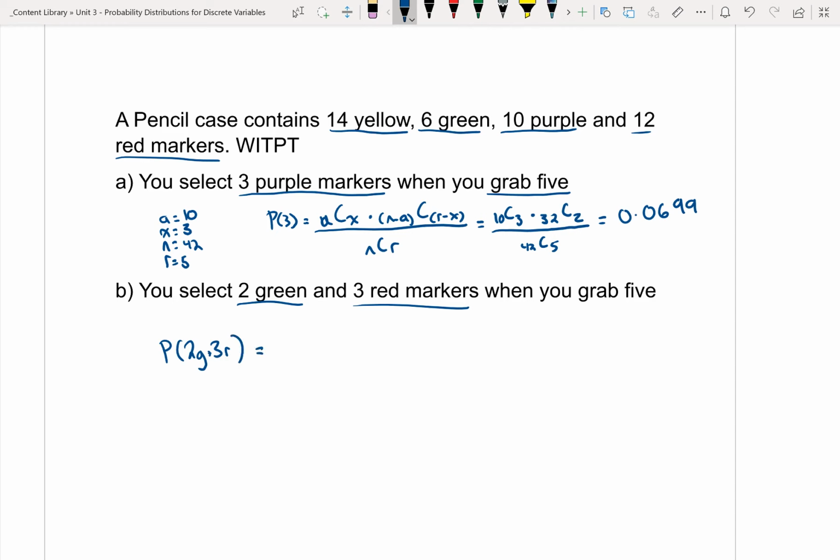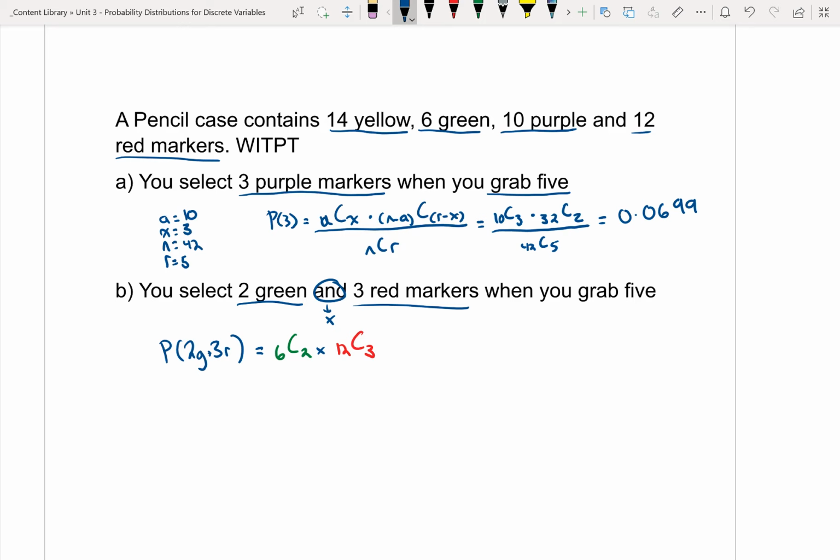So the probability of 2 green and 3 red is going to equal, and I'm going to look now at my number of successes. So for green, I have 6 total green, and I'm choosing 2 of them. Because it's "and", and we should know it refers to multiplying, so I'm going to multiply by my red options, which would be 12 successful options for red, but I'm going to only choose 3 of them.